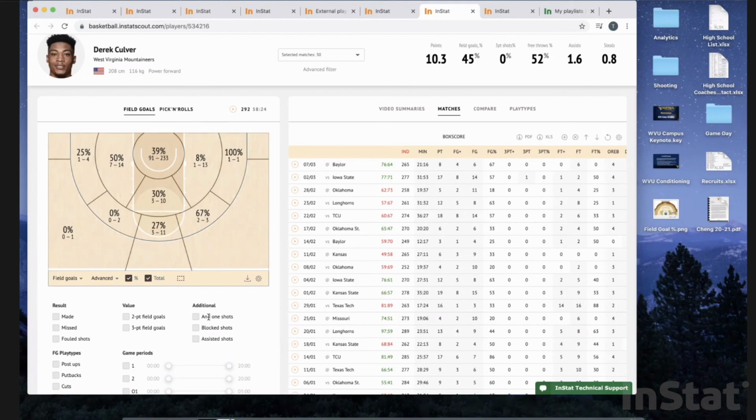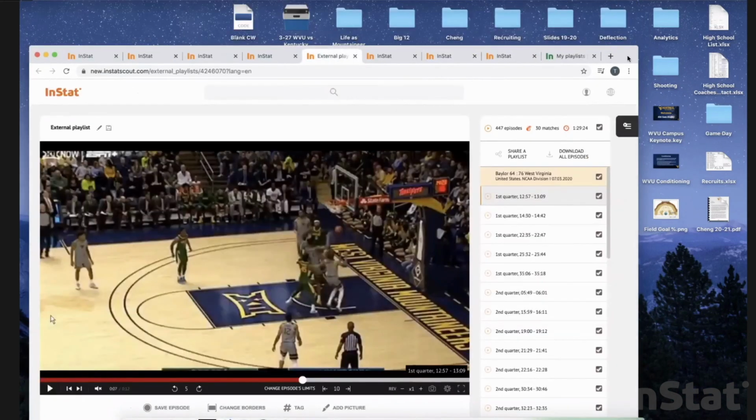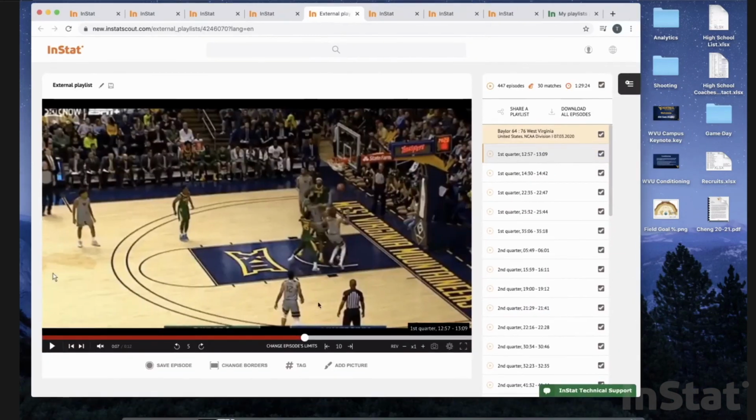Yeah, absolutely. When I was watching Tim Arns's InStat video, he said he could draw pictures on it and add words to it, so he can coach these guys by creating a playlist, drawing on the pictures, tagging things, and then send the playlist to his players.